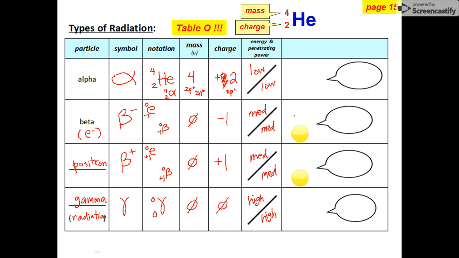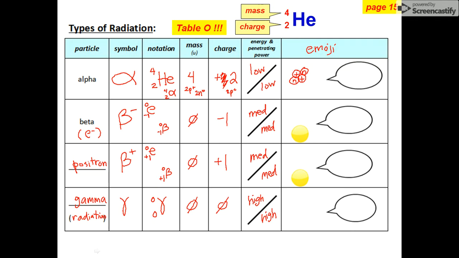All right, last up, I'm just going to create emoji for these to help you remember them. Okay, a helium nucleus is an alpha particle. So we're going to draw this as just 2 positive protons and 2 neutral neutrons stuck together. This is what's in the nucleus of a helium atom.